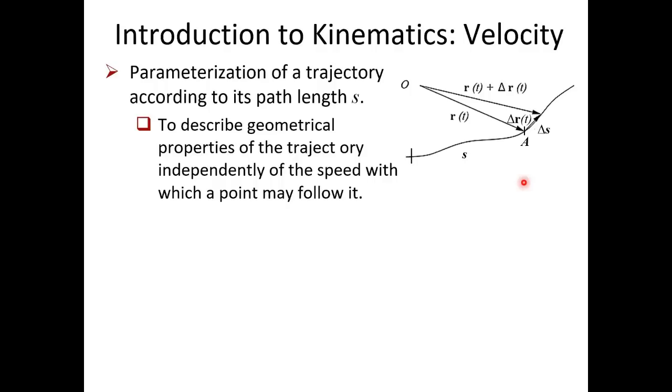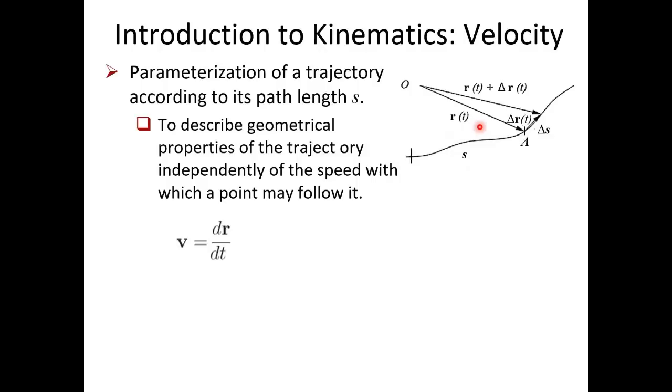You know the distance, maybe 8 kilometers, and then you divide the distance by time and find the average velocity. Likewise, sometimes it is easy for us to represent these quantities in terms of the path, that is the distance moved along the path, s.